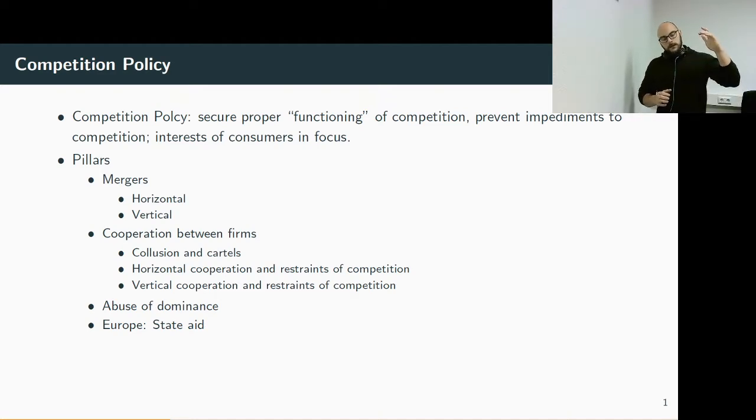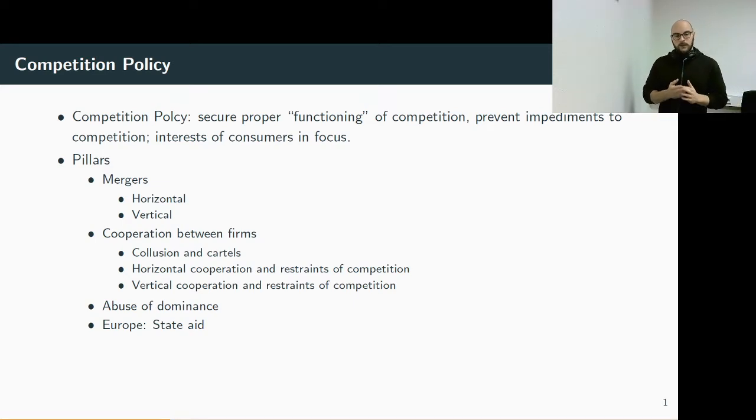If you look at vertical mergers, you have a situation where the firms are not on the same tier of the supply chain, right? So if a car manufacturer merges, for instance, with a car dealer or with a producer of certain inputs like seat belts, for instance, right? Then we have a vertical merger.